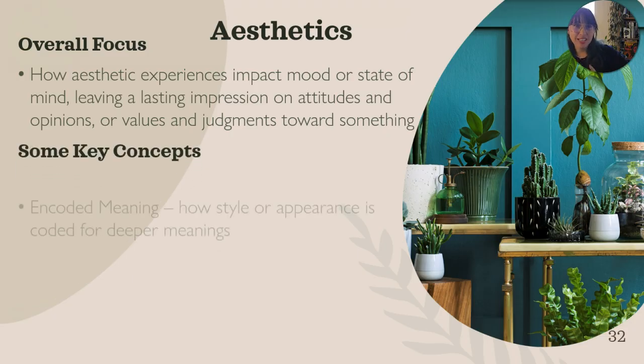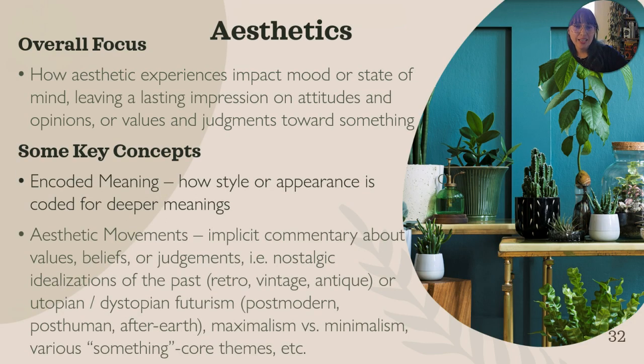Some questions for digging deeper into this idea is the idea of encoded meanings. So how style or appearance is actually coded through expectations, norms, habits over time. How are these things encoded to suggest deeper meanings?